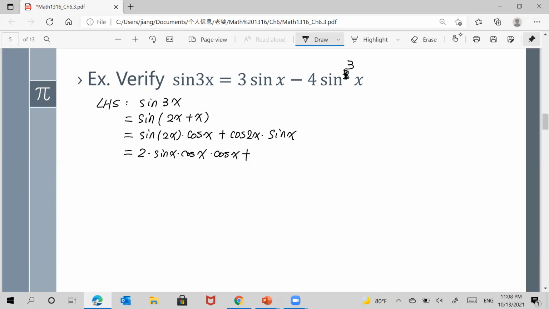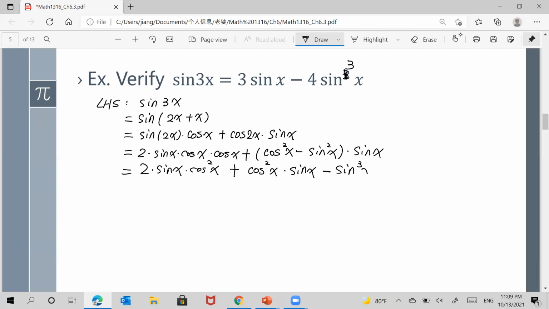You can choose any of them. If you want to choose cosine x squared minus sine x squared, that is totally fine, times sine x. And this one is 2 times sine x times cosine x squared, plus, distribute this sine x, cosine x squared times sine x minus sine x cubed.